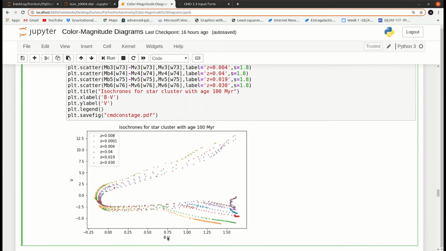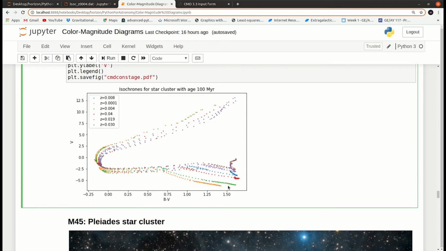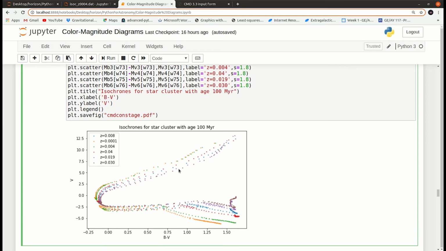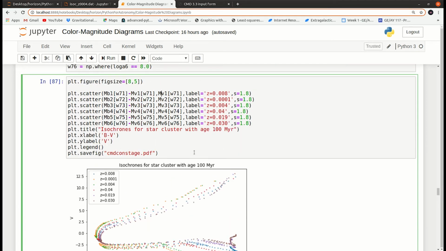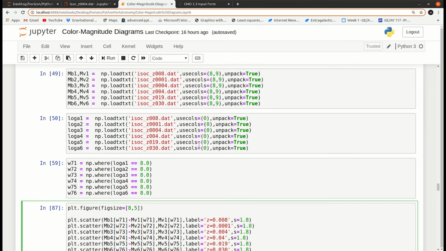By the way, we are plotting B minus V on the x-axis. This is more towards the V side, which is the low temperature side, and this is the high temperature side: more wavelength, less wavelength. And this is just the luminosity of the V side. I'm plotting it for various metallicities and for a constant age of 100 million years. Okay, so this is about isochrones.